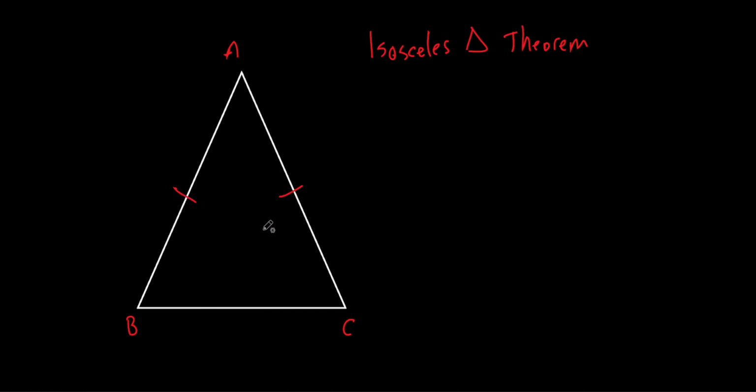If these two sides are equal, the angles opposite those sides are also going to be equal to each other, which is what? B and C. Very good. So B and C would also be equal to each other, okay? So this basically says if AB equals AC, then what? Angle B must equal angle C.